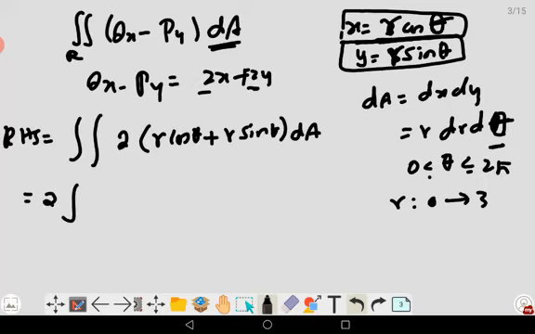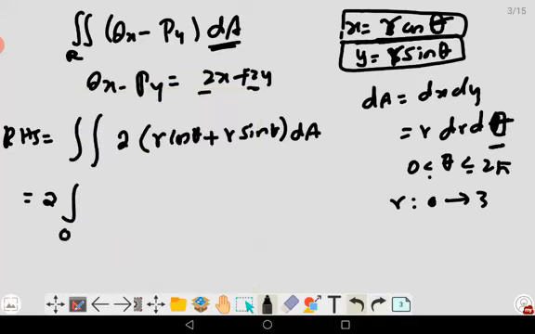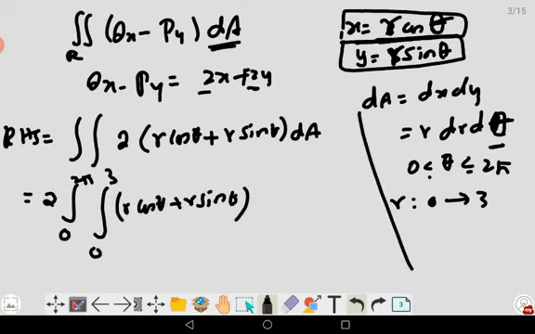The outer integration is θ from 0 to 2π. Inner integration will be r from 0 to 3. r cosine θ plus r sin θ, and dA is r dr dθ, isn't it? Now r can be taken common. Joining with this r it will be r square. It will be 2r.